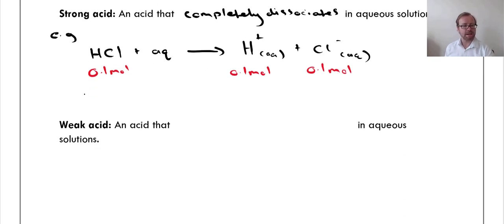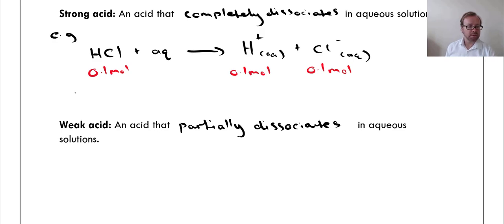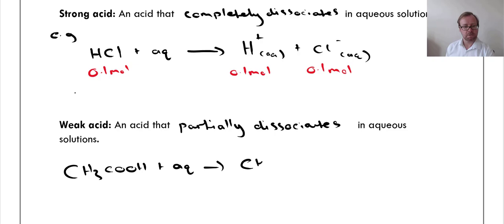A weak acid, an acid that partially dissociates in aqueous solutions. Our most common example is ethanoic acid, which is a carboxylic acid, to produce this. Because I'm writing quickly, you may have noticed that I've made a pretty big error.